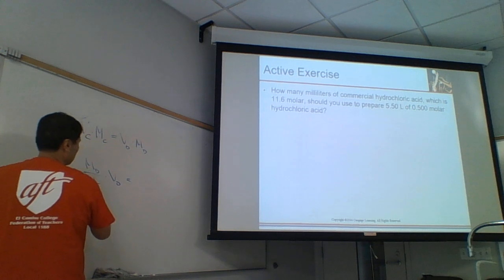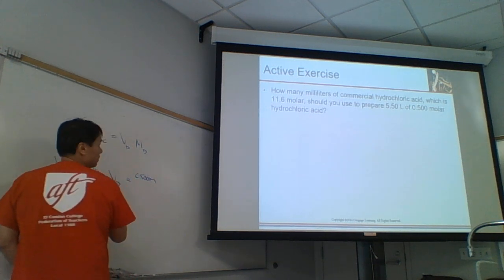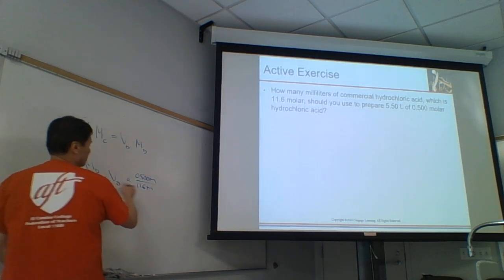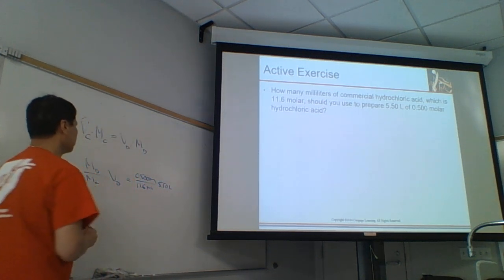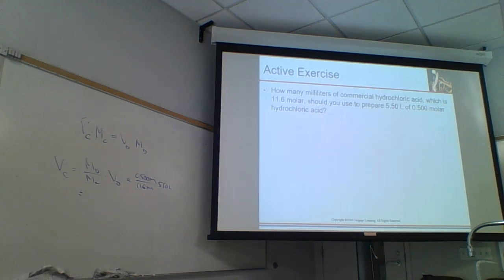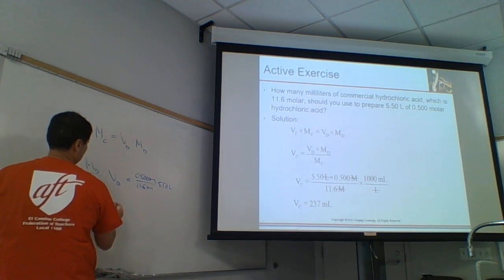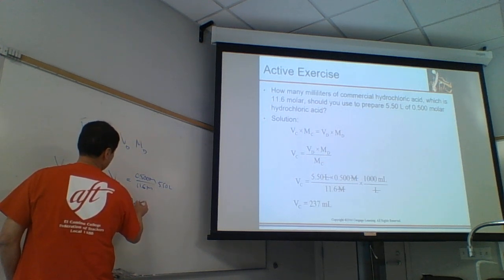And so plugging in, the molarity of the dilute is 0.500 molar. The molarity of the concentrated is 11.6 molar. The volume of the dilute is 5.50 liters. So what does that come out to? It comes out to 0.237 liters of the concentrated, which is going to be 237 milliliters of concentrated.